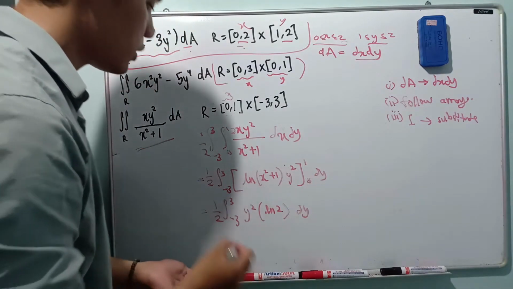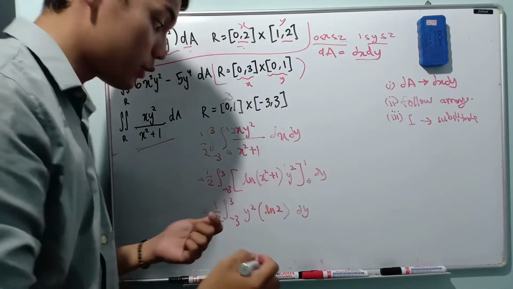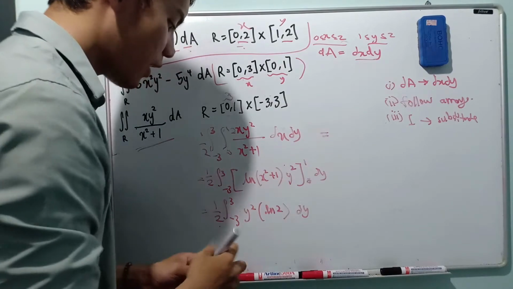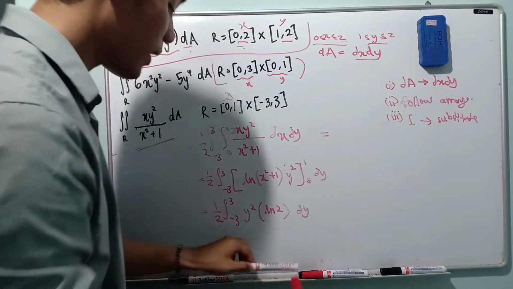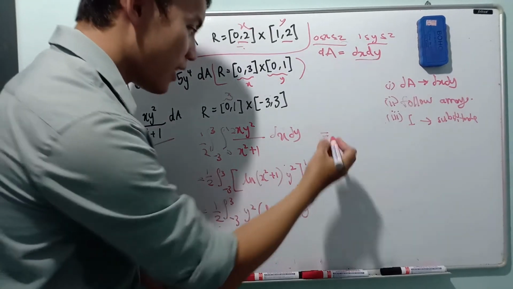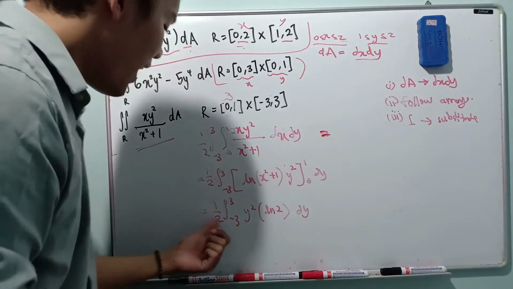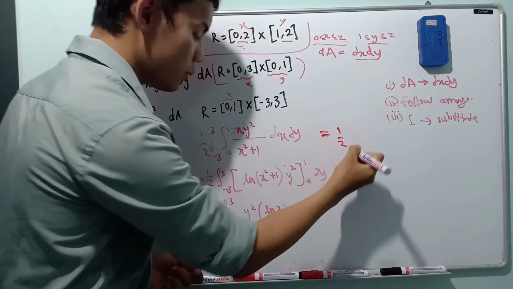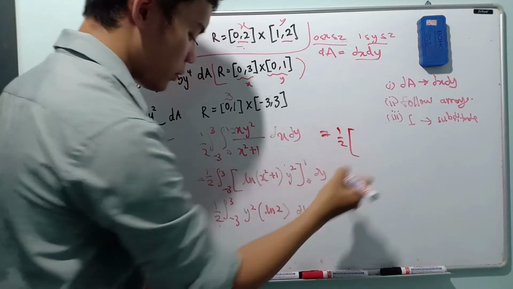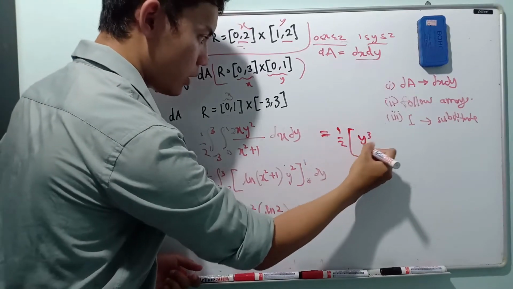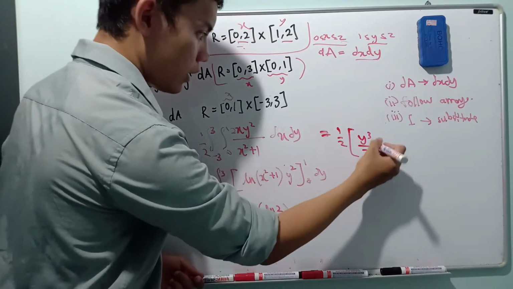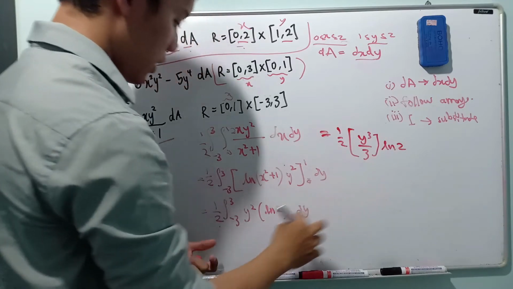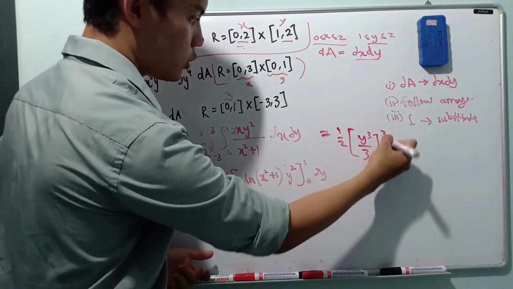After that, I'm going to integrate with respect to y. Oh my god, I think I need a new marker pen. Okay, it's okay. So here 1/2, and then I integrate y squared to get y cubed over 3, and ln 2 I put behind, with limits negative 3 and 3.